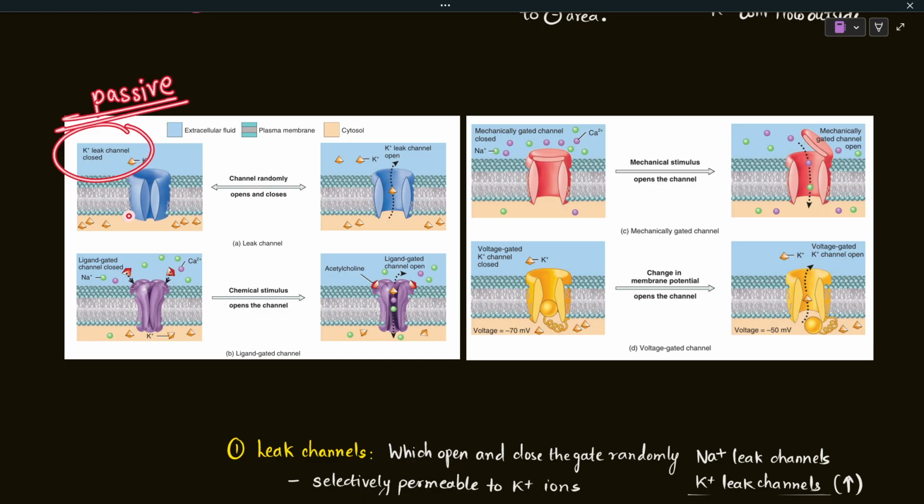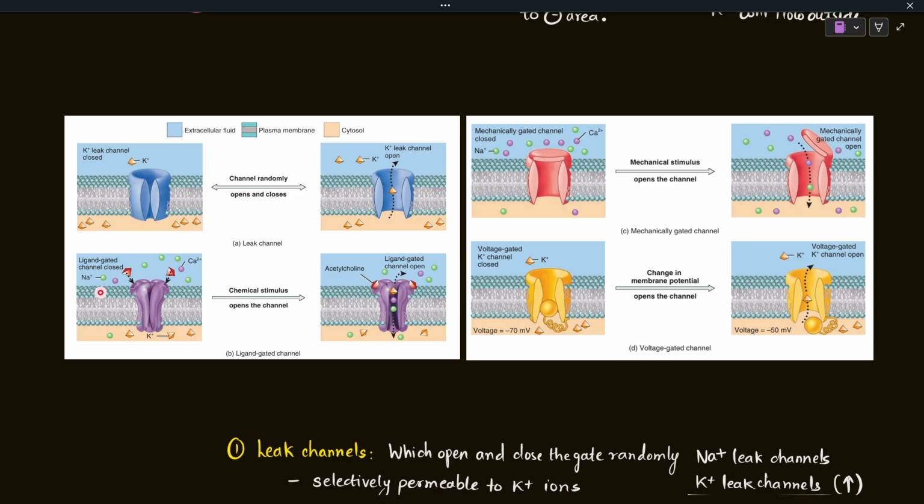They just leak potassium ions according to the concentration gradient, so potassium will move from the cytosol to the extracellular side. These are the normal channels which leak ions according to the concentration gradient, and they open randomly. They do not need any stimulus, vibration, touch, or any kind of force to open.